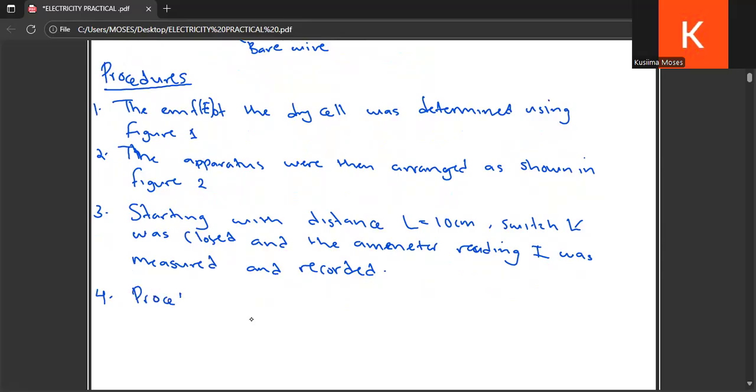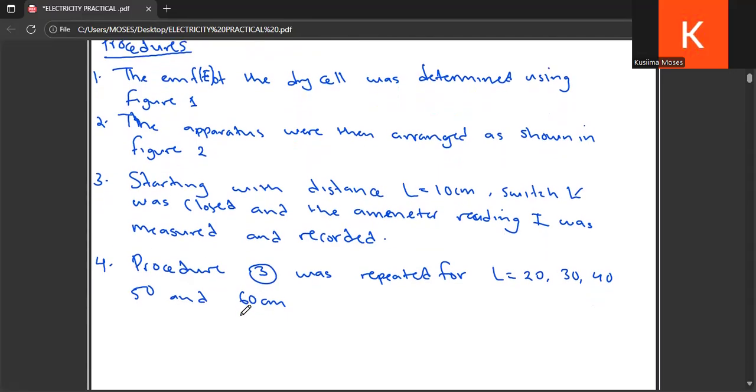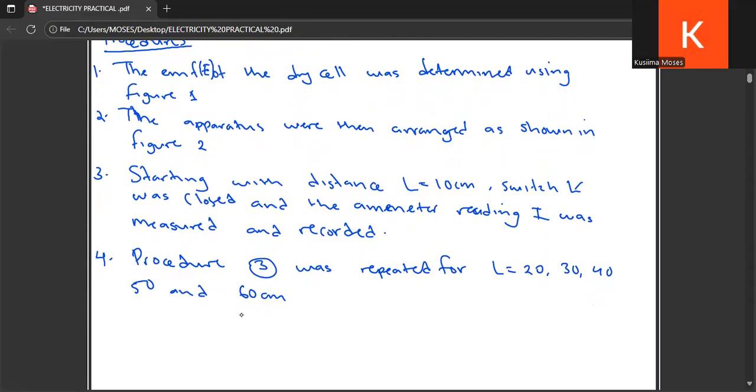Procedure 3 was repeated for L equaling 20, 30, 40, 50, and 60 centimeters. After doing that, what follows is going to be the results.